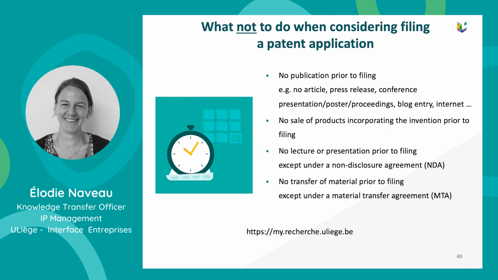We have models of such agreements available on the website of the university. It's the page of the legal department of the university. You can download these agreements and you can send them to the partners. So that's really important to use this when you collaborate outside the university.